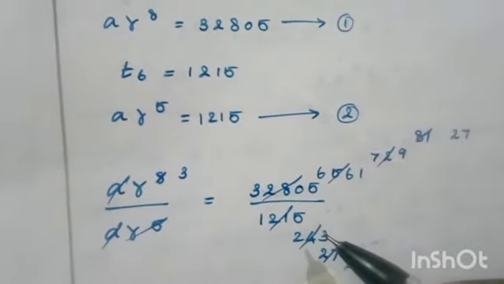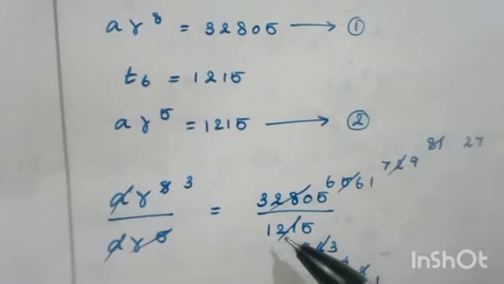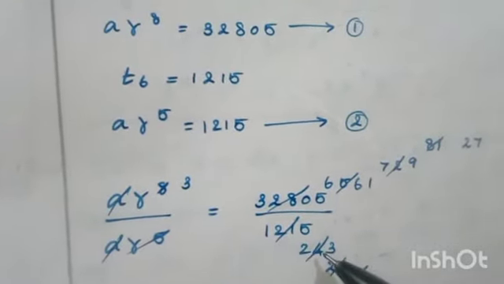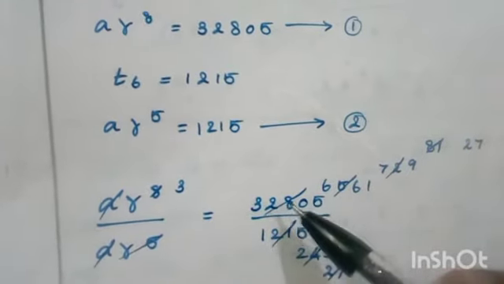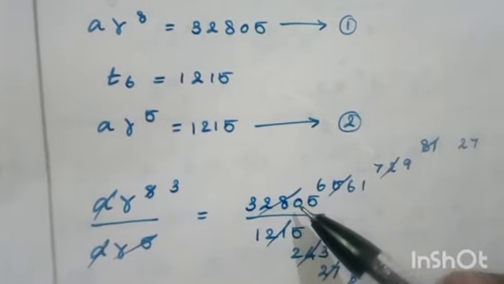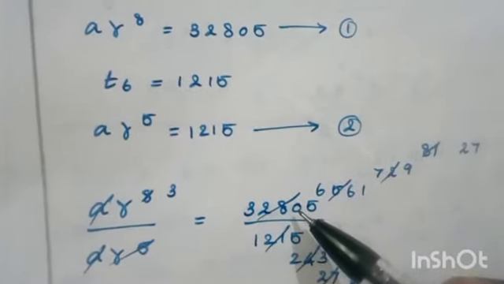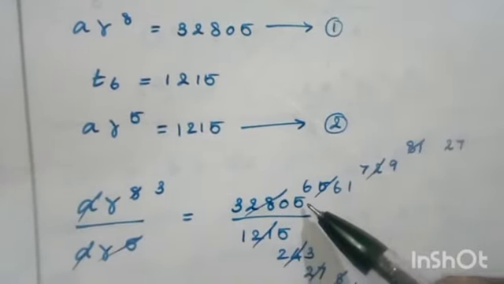Then here you have to use the 5 table. 2 5s are 10, 4 5s are 20, then 6 5s are 30, 5 5s are 25, 1 5 is 5.